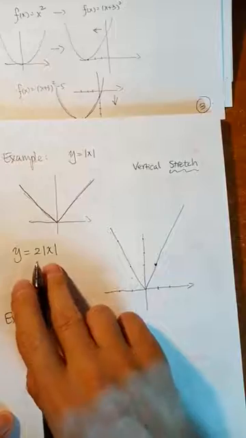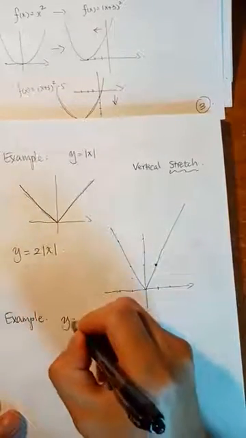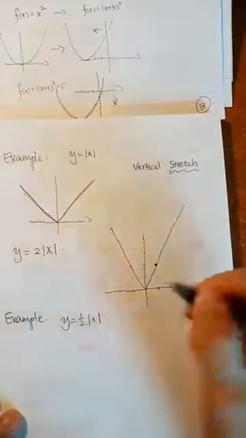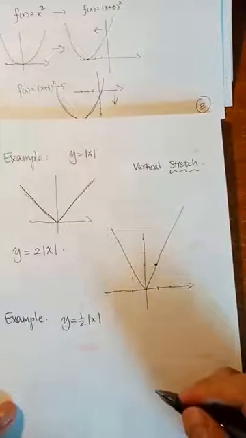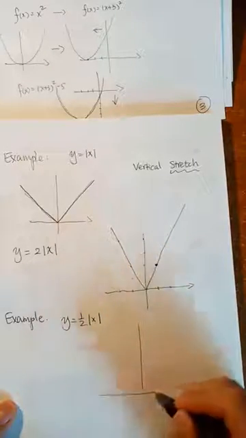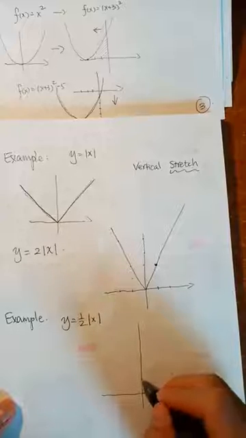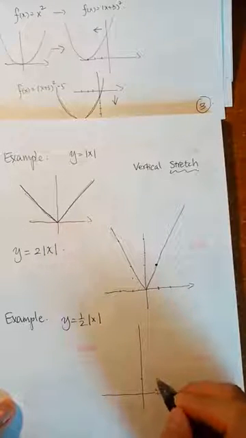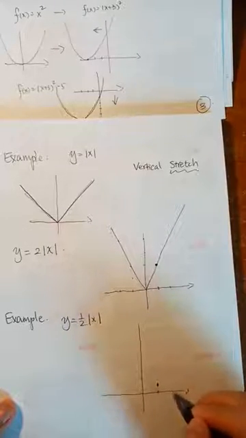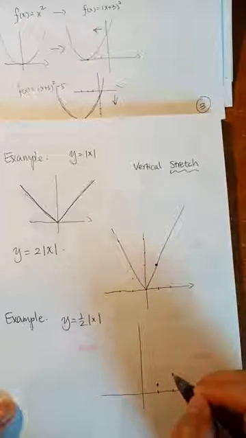Now, instead of the graph of y equal to 2 times the absolute value of x, we study y equal to 1/2 of the absolute value of x. Then what's that? You get a similar process, but a different graph. When you have 1, the absolute value of 1 is 1, but times 1/2 it becomes 1/2. When you get 2, the absolute value of 2 is 2, but times 1/2 is 1.